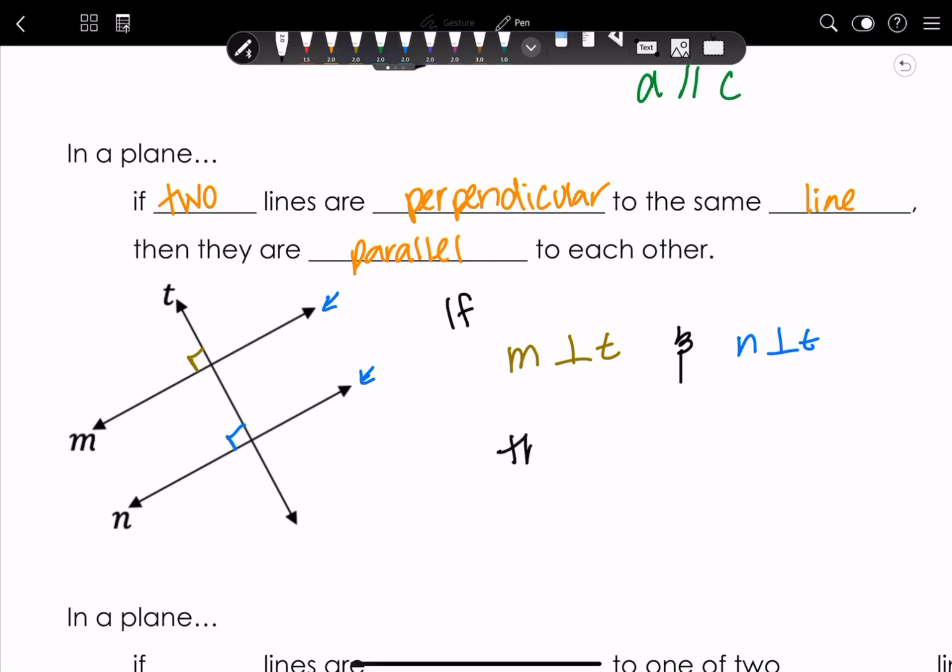So then we can say that M is parallel to N. We're going to go ahead and draw our arrows or our triangles, whichever you'd prefer, on here.